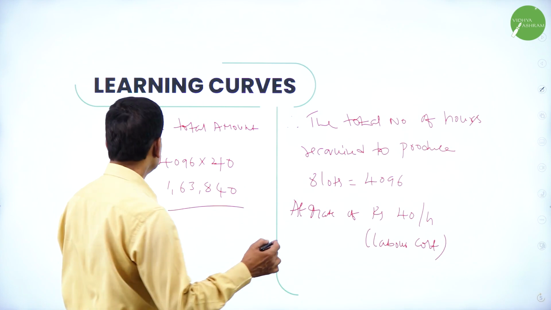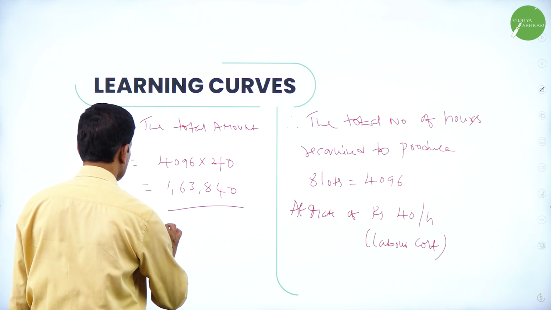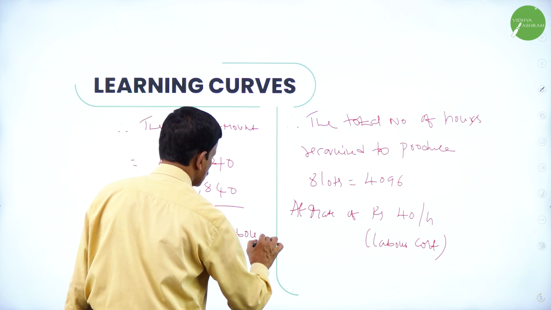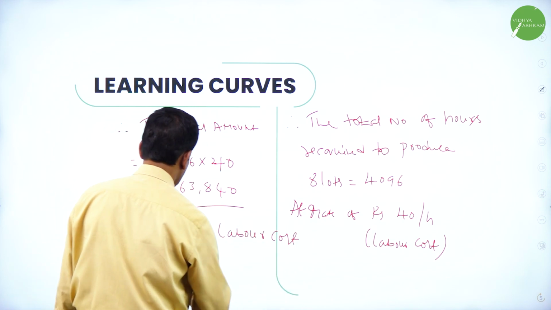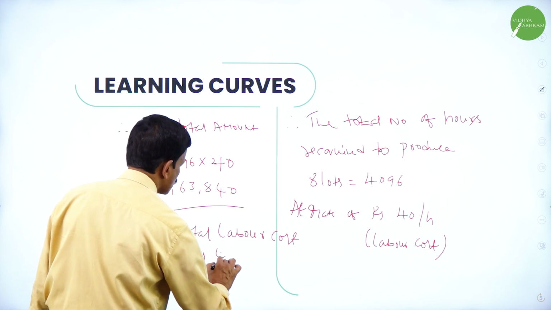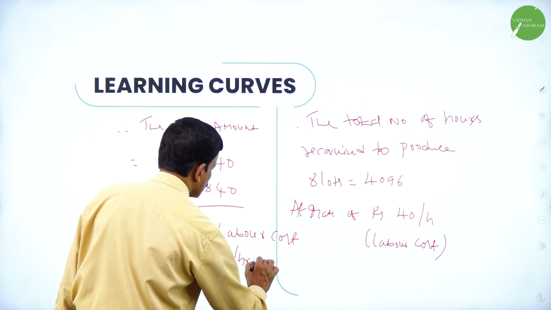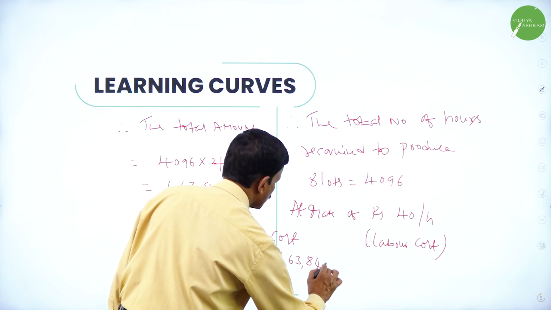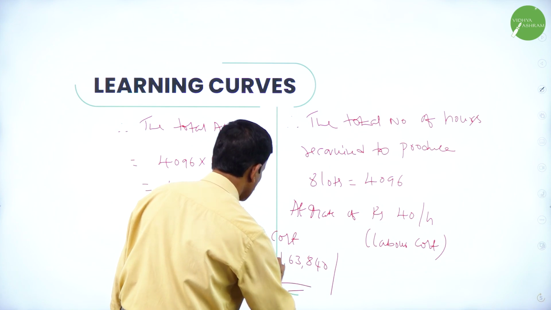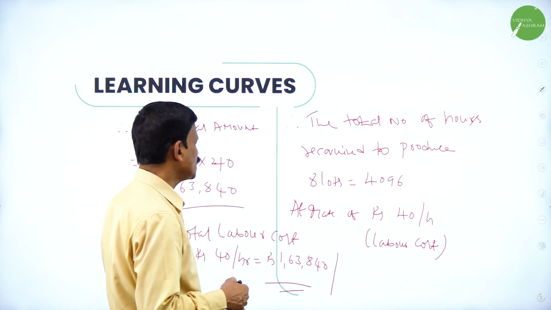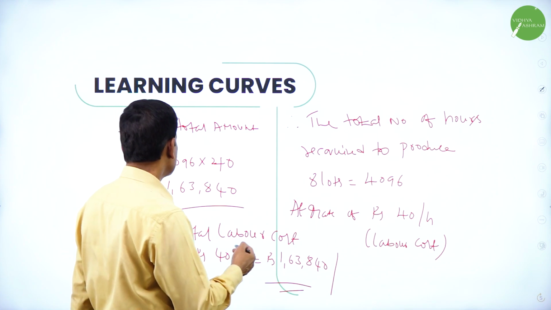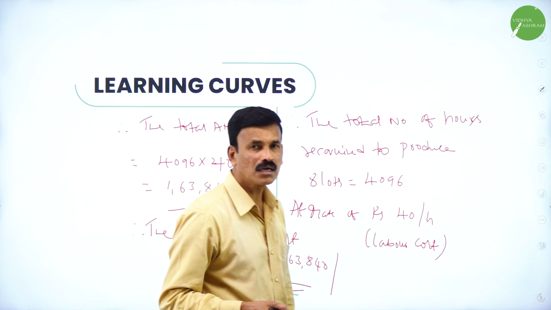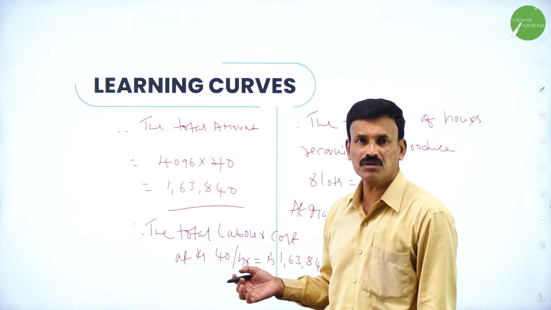So, therefore, the total labor cost at rupees 40 per hour is equal to 1,63,840 rupees. 1,63,840 is the total labor cost to produce 8 lots at the rate of 40 per hour. That's it. This is how we are going to solve this problem.